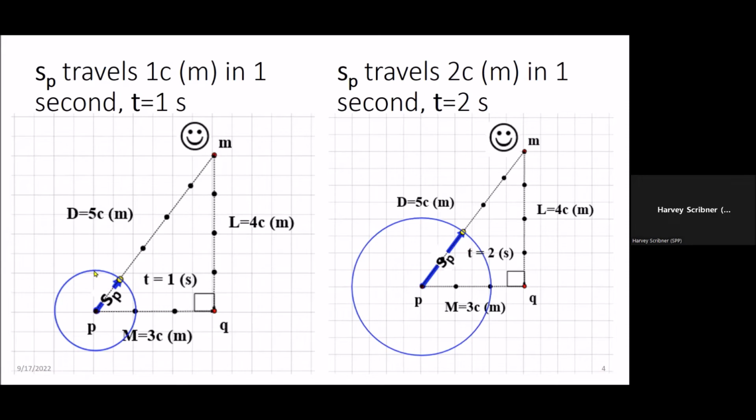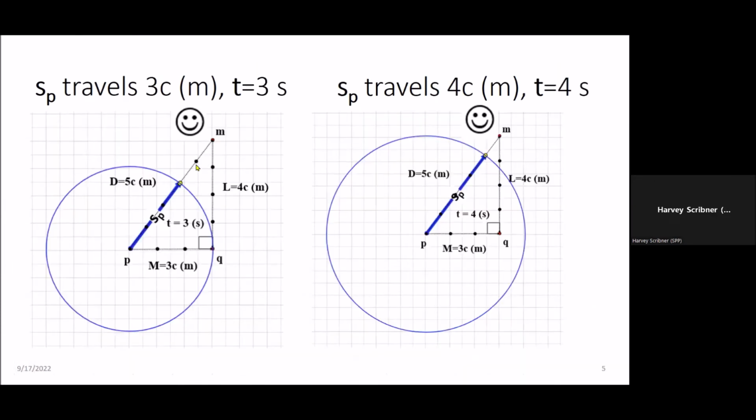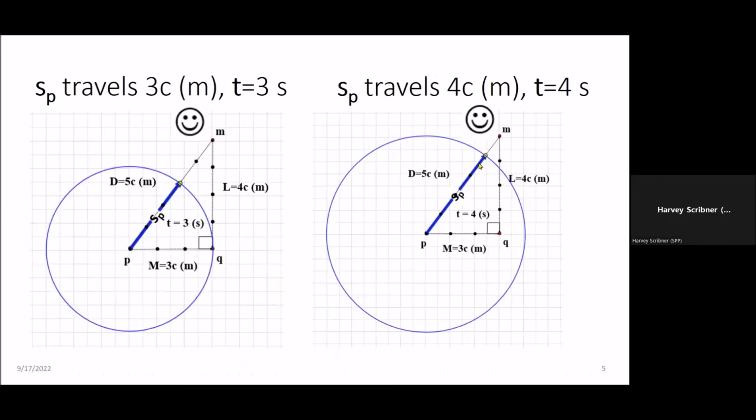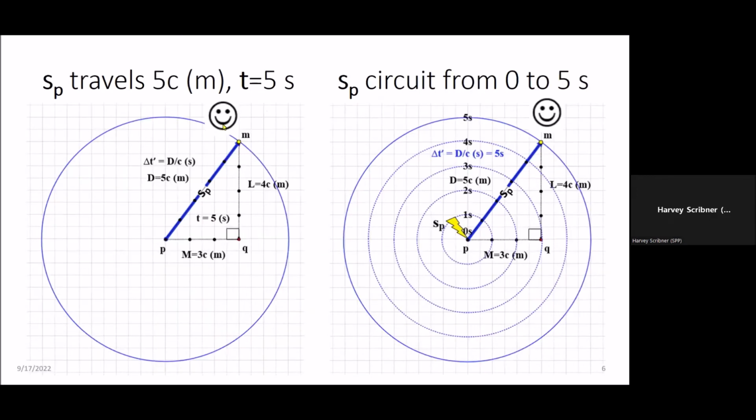Up here would be another set of photons moving up in this direction, but the general idea is it's easier to draw, with less math, if you draw it as an expanding sphere. So in 2 seconds, it's here. 3 seconds, it's there. 4 seconds, it's here. And then at 5 seconds, the observer sees the signal.